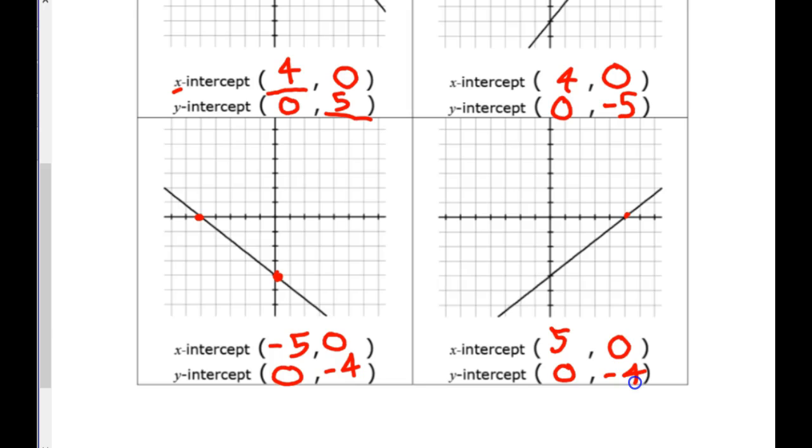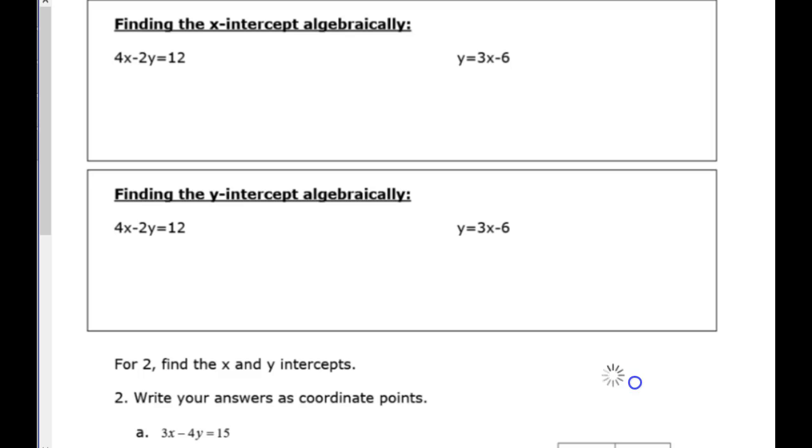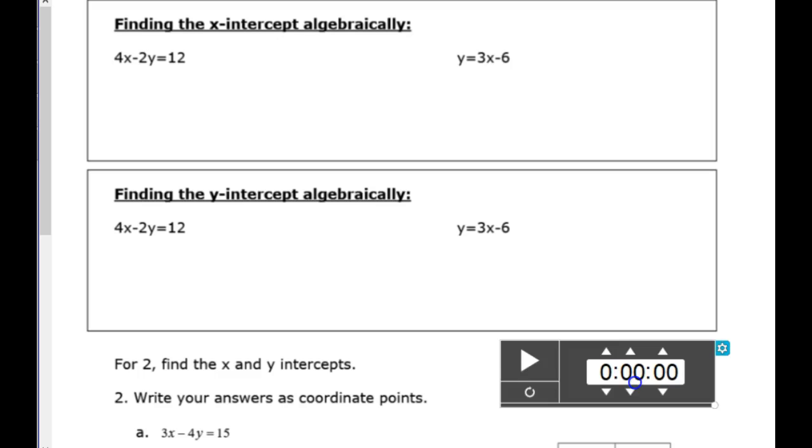Okay. But seriously, on the next page, we are going to take that same concept. Instead of having a graph, we have an equation. So let's see what we can extrapolate here. If it says find the x-intercept from an equation, what did we just learn that the x-intercept has for the y? 0.